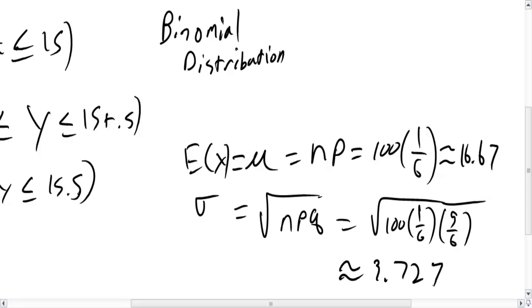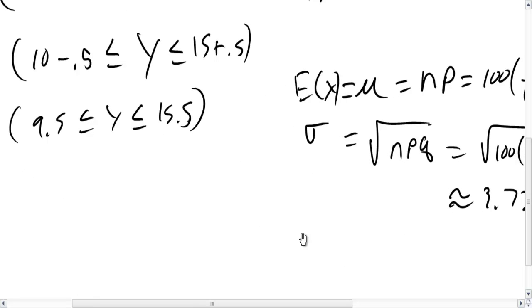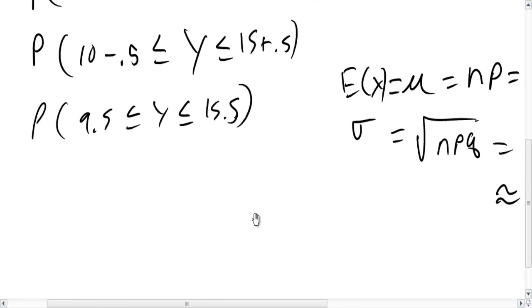Okay, so now we have everything we need to change our scores into z-scores.